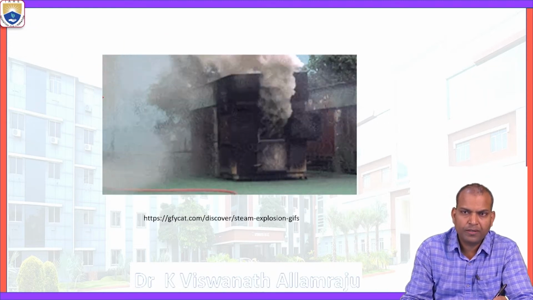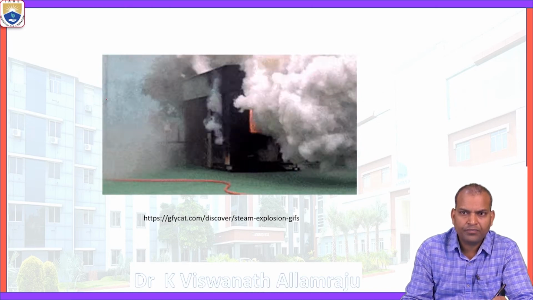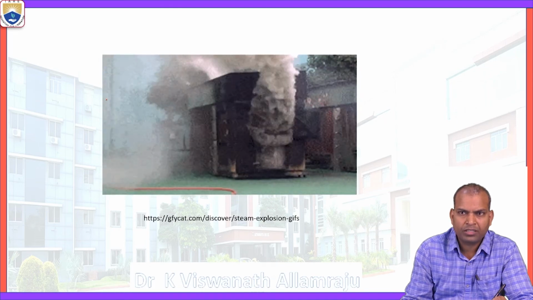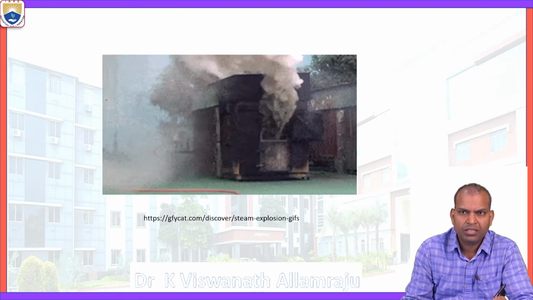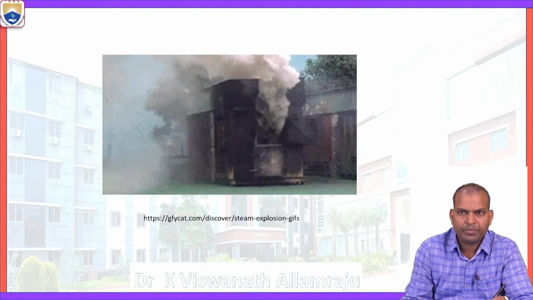This is the picture. It indicates the blasting of a boiler, how the blasting takes place when there are no proper safety factors. Because of this blasting, there is manpower loss and at the same time material loss.